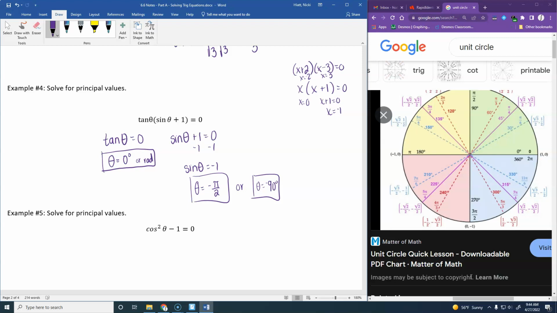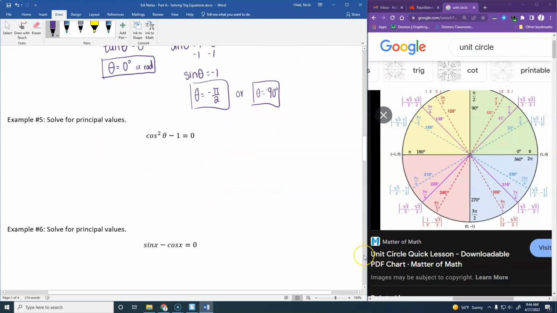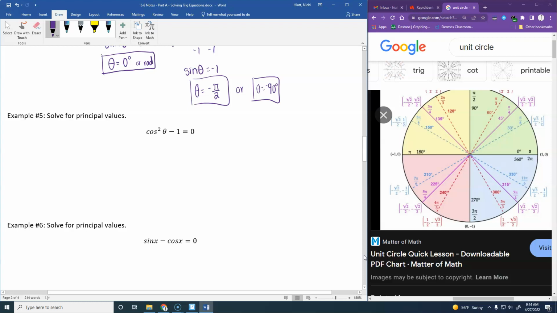All right, let's look at example 5. We've got cosine squared theta equals 1. What do you guys think about this one? Okay, we can add the 1. And what do we need to do now? We square root to get rid of the square.